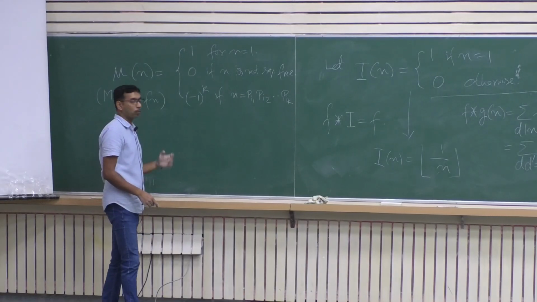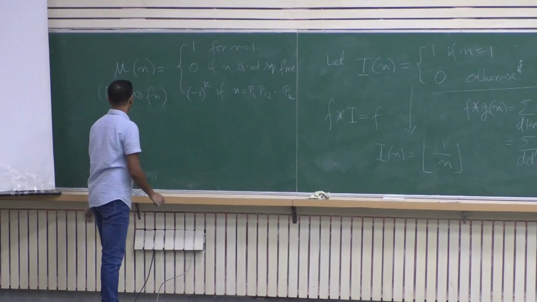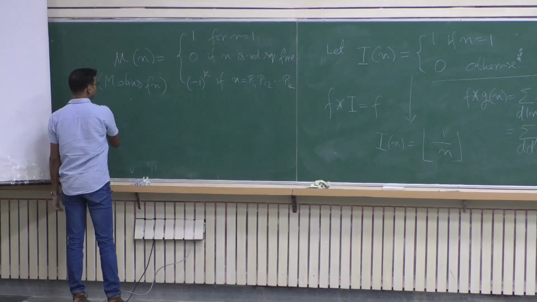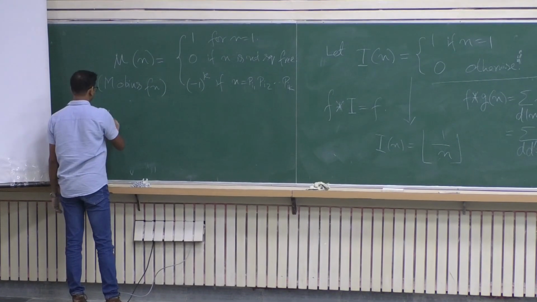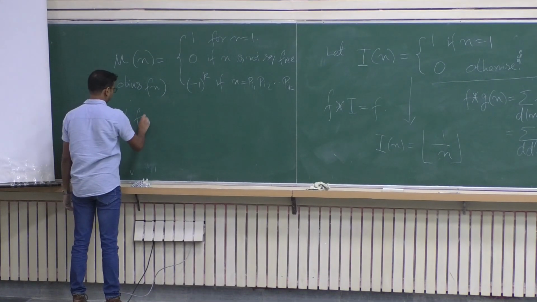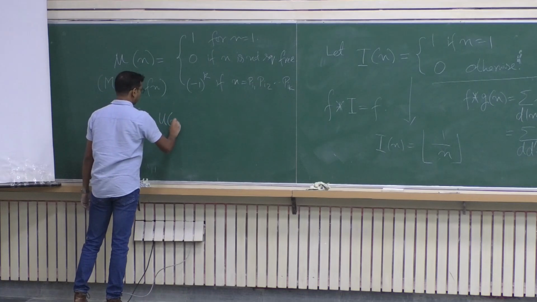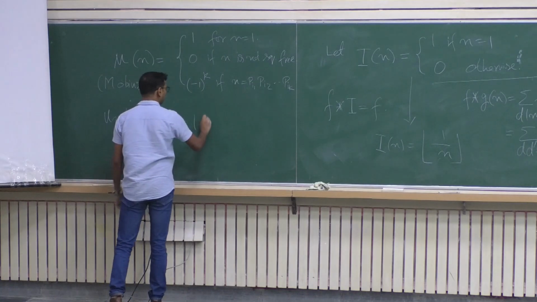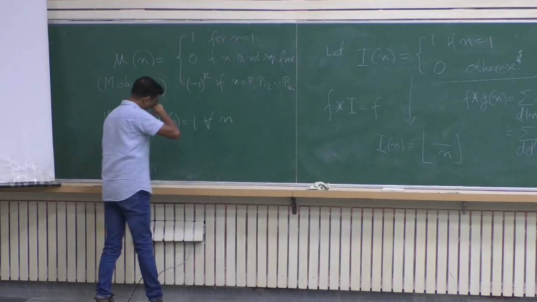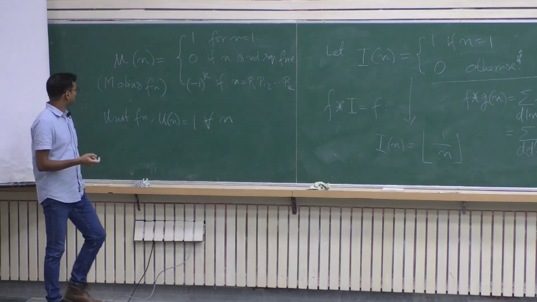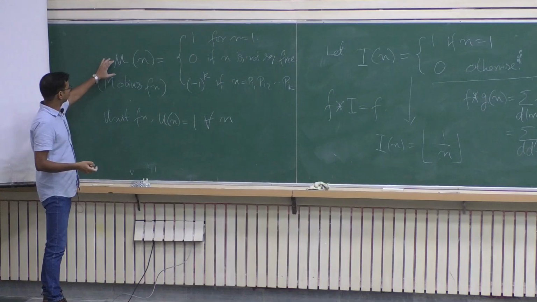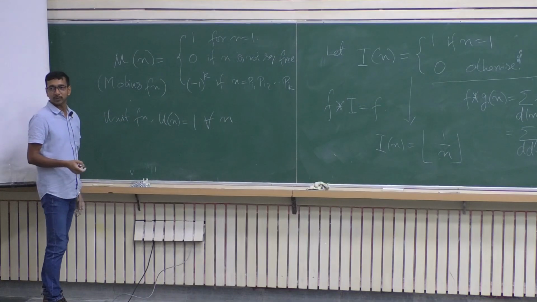The unit function will take the value 1 at all inputs. Define the unit function u of n, which is equal to 1 for all n. And let's first compute the convolution of mu with u.